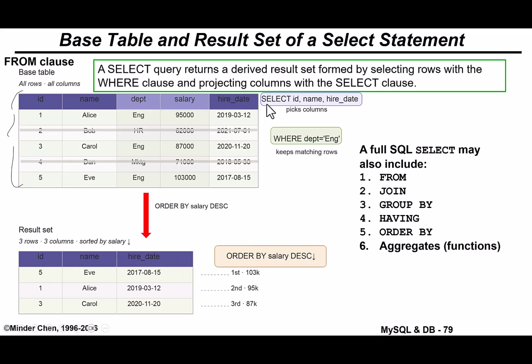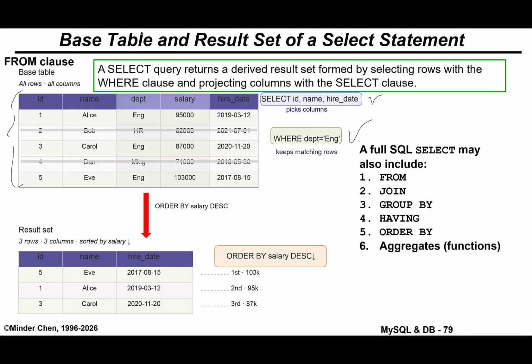So that's your SELECT clause. You don't want all the employees' data or rows to be retrieved. So you would set the criteria. For instance, here, I only want employees who work for the engineering department. That's the WHERE clause.